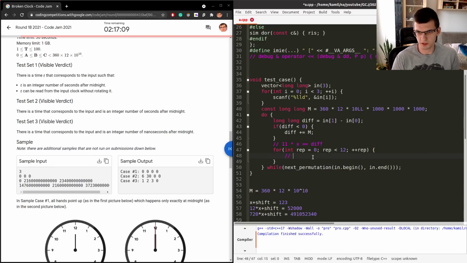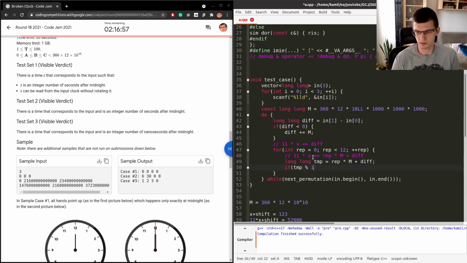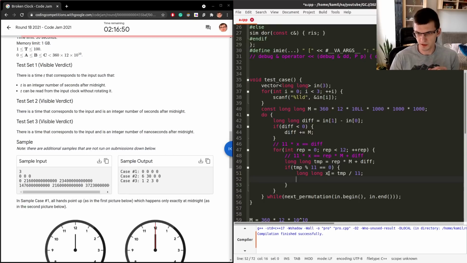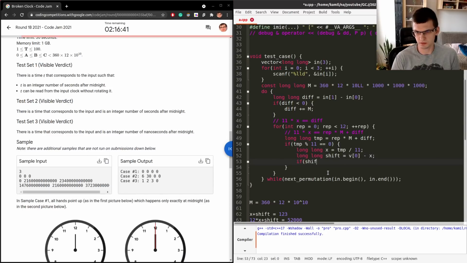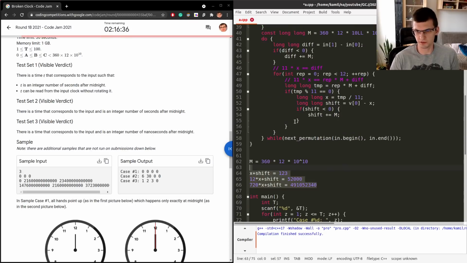Now I assume that 11 times x, not modulo but exactly, is equal to repetition times m plus diff. This is a candidate for x. Then I can know the shift, V0 minus x.